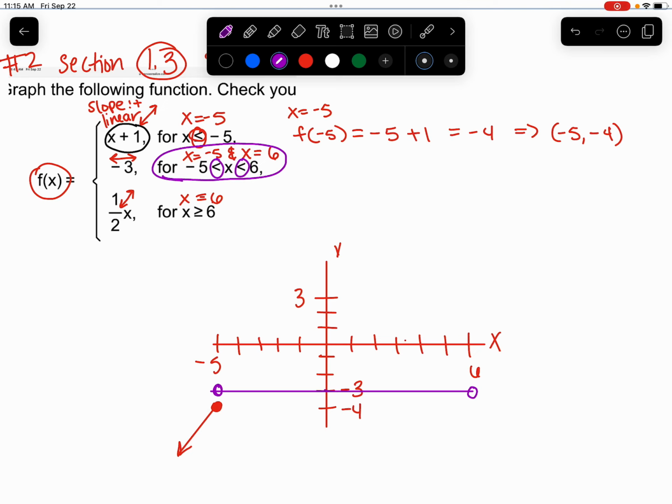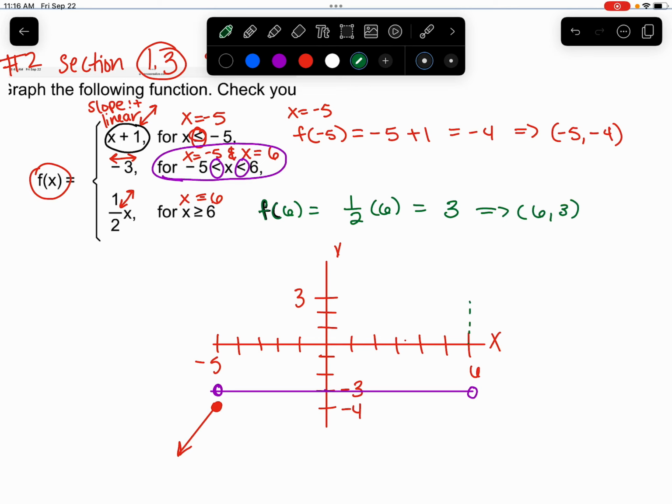Okay, so now let's find x equals 6. So f of, let's use green, f of 6 is equal to 1/2 times 6, which is 3. So that means our point is 6, 3.